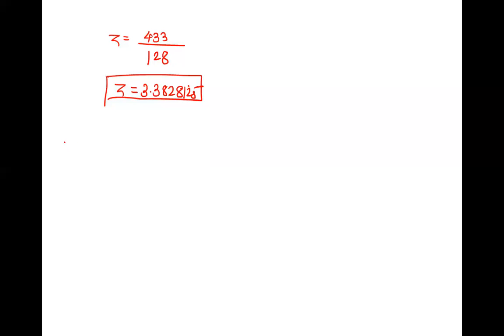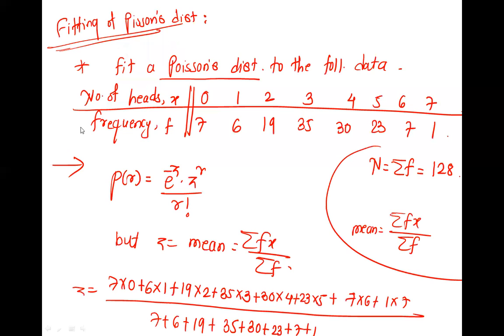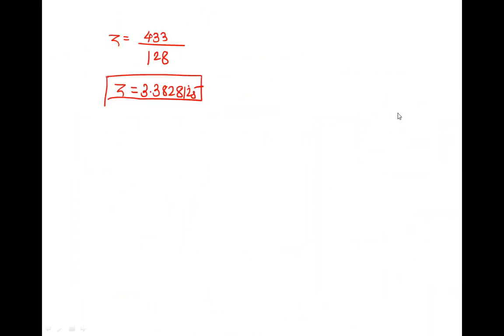Then we have Z, and we need this Z for finding probabilities. So what is your R now? 0 to 7. These are your R. So we start with the first. R is 0.